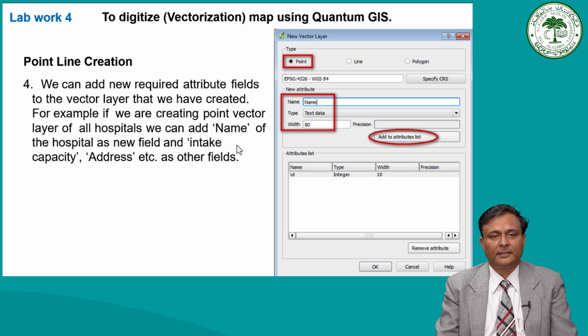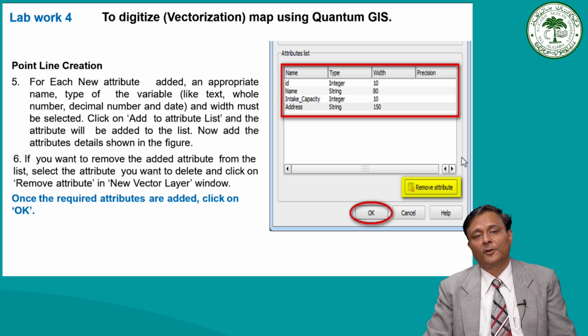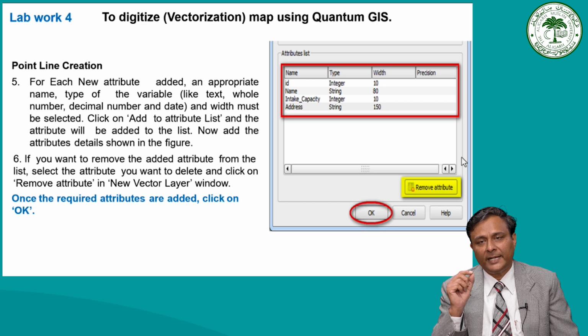And it is suggesting how other information can be added, which I have already explained to you. Then if you want to change some of the information, you can remove it also, that is also possible here. So once the required attributes are added, click on OK. For each new attribute added, give an appropriate name.